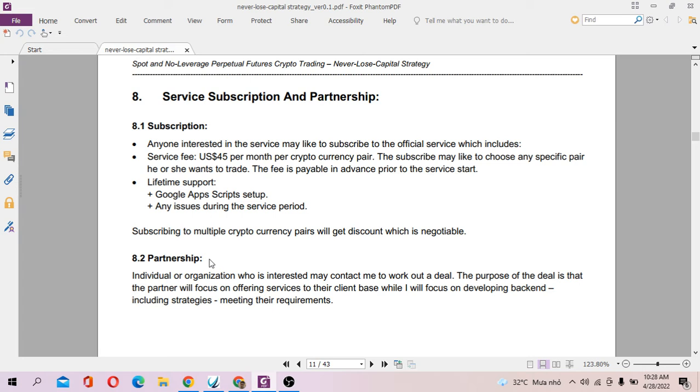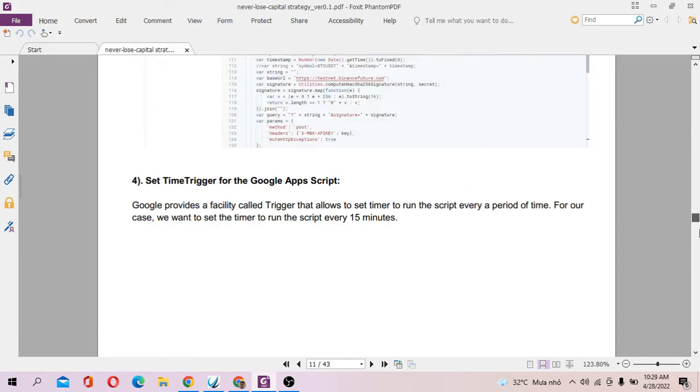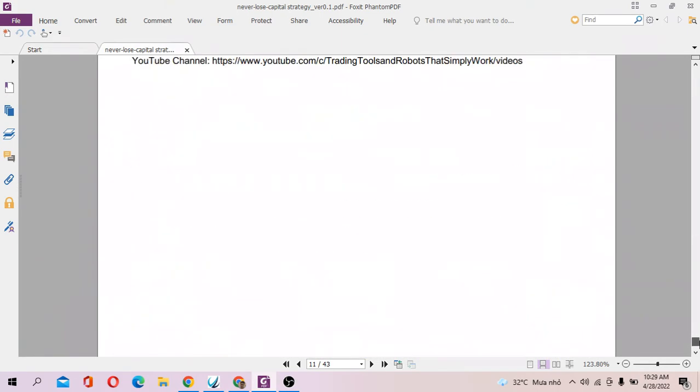My focus would be on developing the back end, the things behind the scenes, and partners would provide fantastic services to their clients. So I'm looking for partners. If you are interested, you can contact me. Detailed contacts are at the end of the document, where I provide the details.